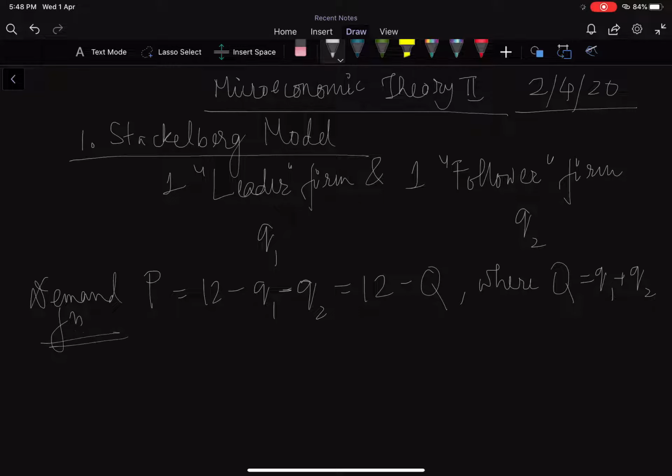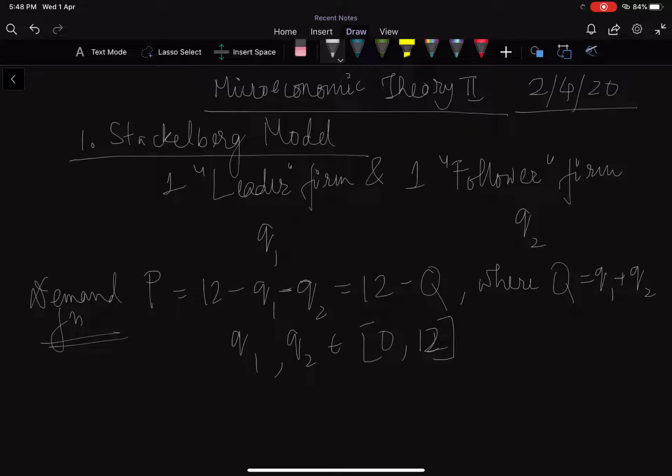Now, individual Q1 and Q2 can be at max 12, because if it's more than 12, then price becomes 0. So all the relevant quantities are any number between 0 and 12. So Q1 and Q2 are between 0 and 12, at max 12 each one of them.